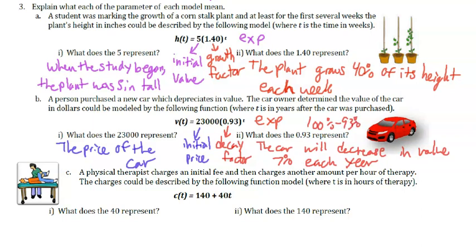C. A physical therapist charges an initial fee and then charges another amount per hour of therapy. The charges could be described by the following function model, where t is in hours of therapy. C of t equals 140 plus 40t. This is linear, where 40 is the slope, rate of change, and 140 is the initial fee.